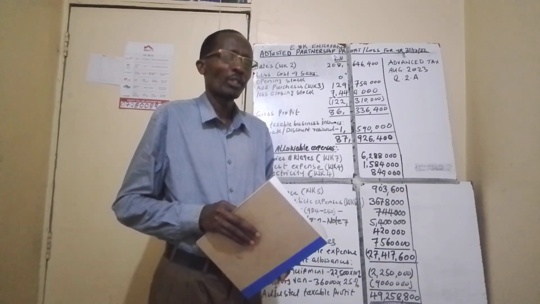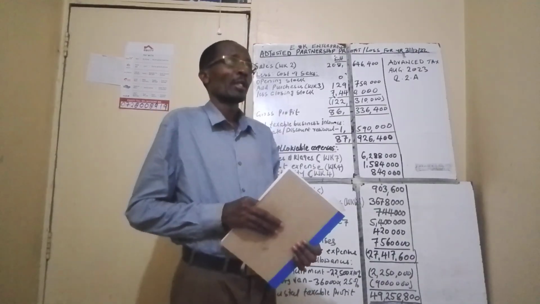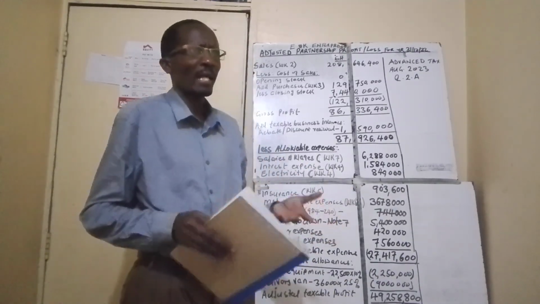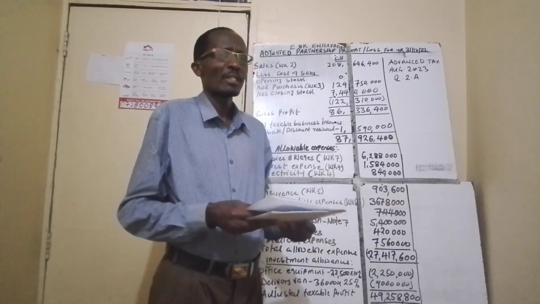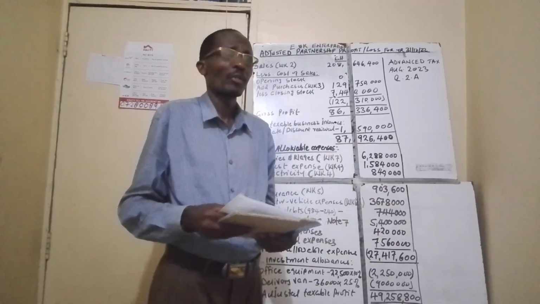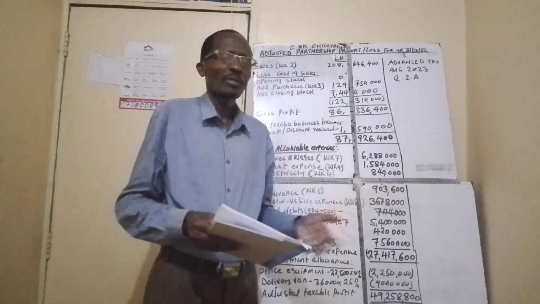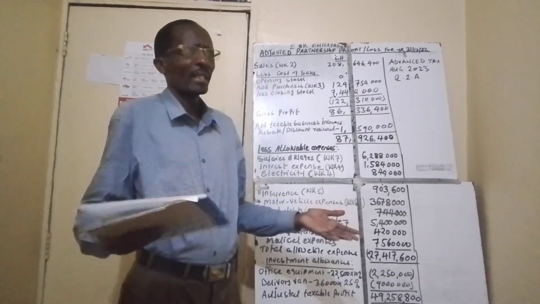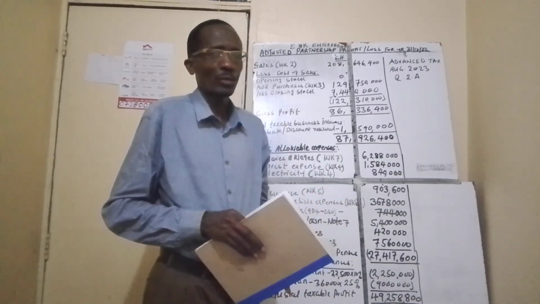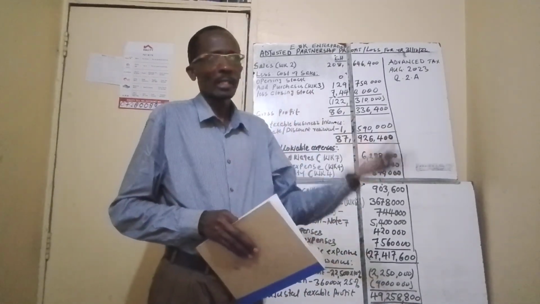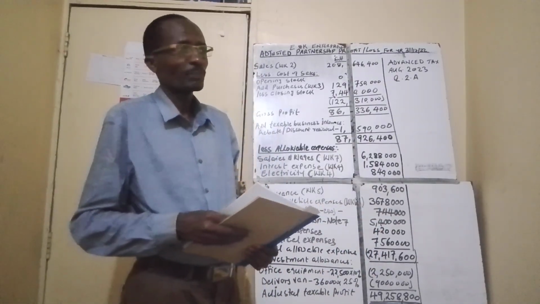So the concept of incomplete records is very critical at this level, because you will be given cash sales, and then maybe you'll be given opening balances for debtors and closing balances for debtors, bad debts written off, things like discounts received, discount allowed, and then it will be upon you to prepare control accounts to establish your total credit sales as well as your total credit purchases.